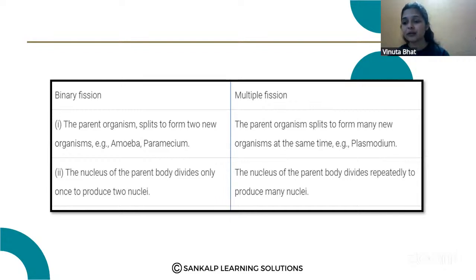In multiple fission, the parent organism splits to form many new organisms at the same time, for example plasmodium. In binary fission the nucleus of the parent body divides only once to produce two nuclei. In multiple fission the nucleus of the parent body divides repeatedly to produce many nuclei. So that is the difference between binary fission and multiple fission.